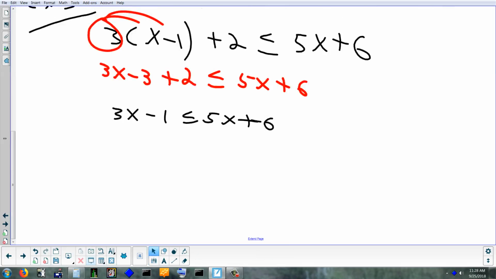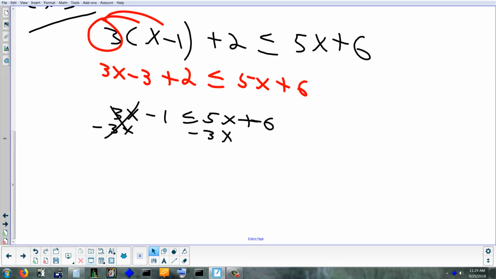Good, Chris? Take 3x away from the 5x. Yeah, take the 3x away from each side. And then that's nice because 5x minus 3x is positive 2x. You're not going to have to worry about flipping the inequality. What is going to be a little awkward is now the variable is on the right-hand side.